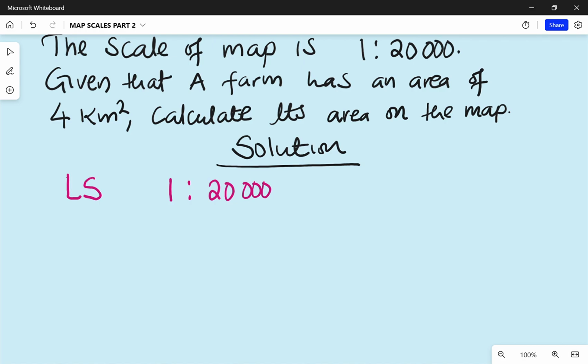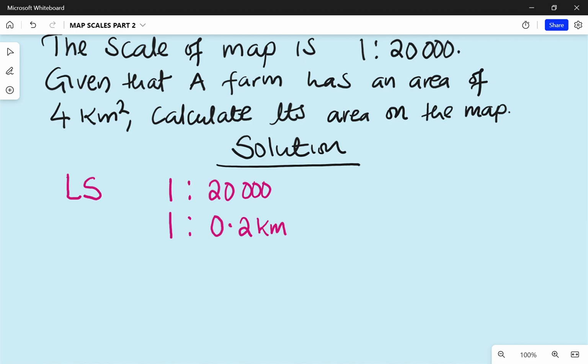Now let's convert this to kilometers, because there's a mention of kilometers there. So 1 to 20,000, for me to get its kilometer counterpart, I'll simply divide this by 100,000. Once I divide 20,000 by 100,000, I'm going to have 0.2 kilometers.